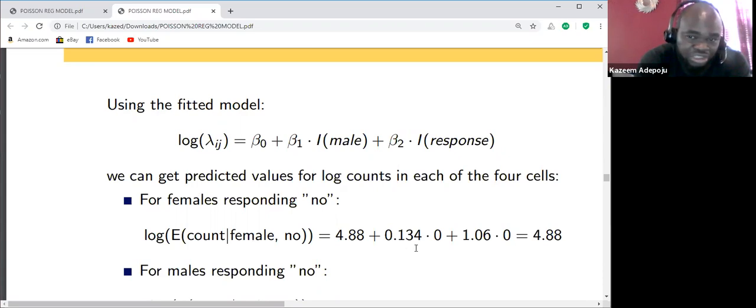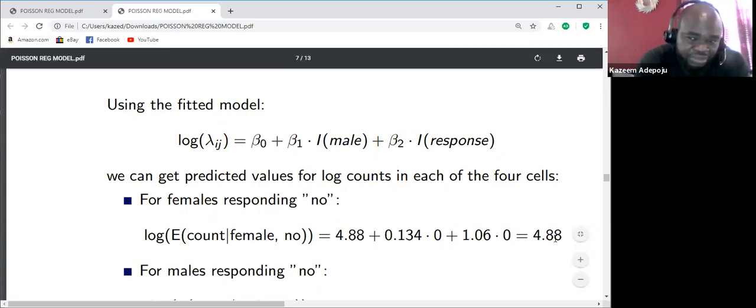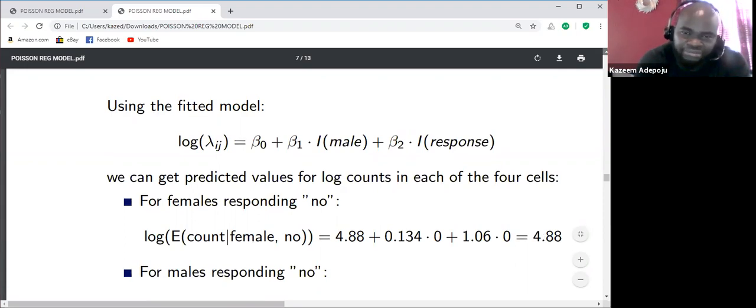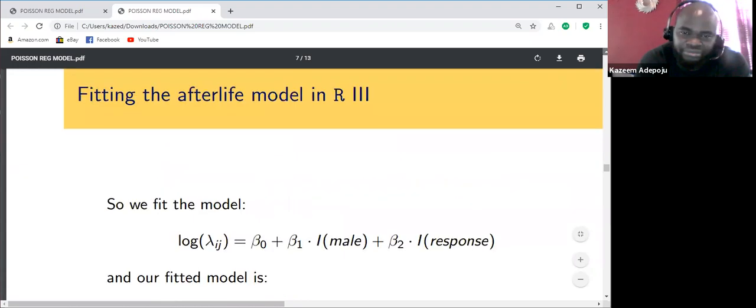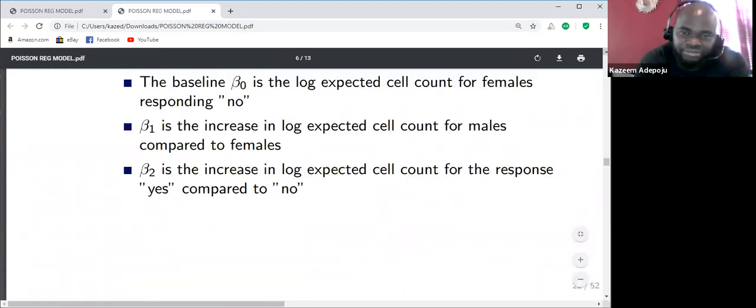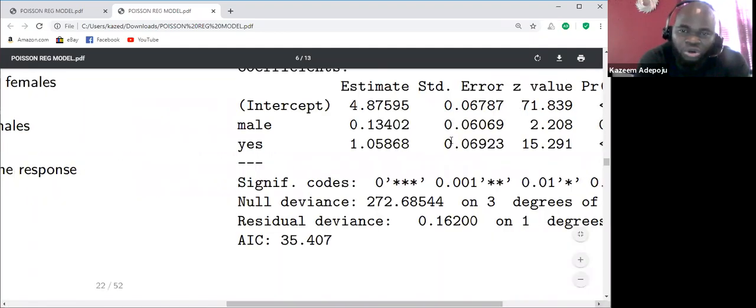I'm going to plug 0, 0 into the model, and that's going to be 4.88. Something is going to surprise you right now. 4.88 right here. Does that look like the intercept? Let's check. Oh, that is the intercept.